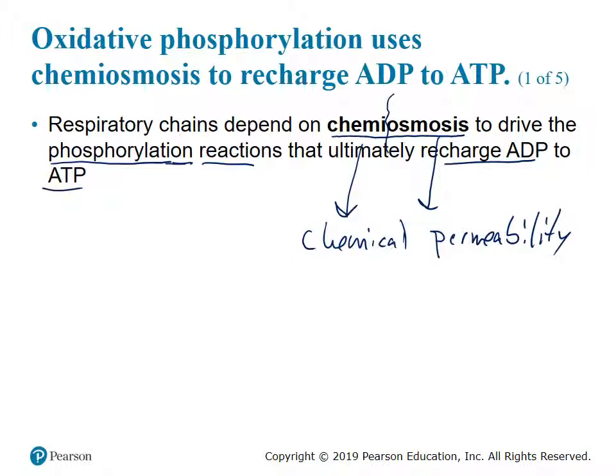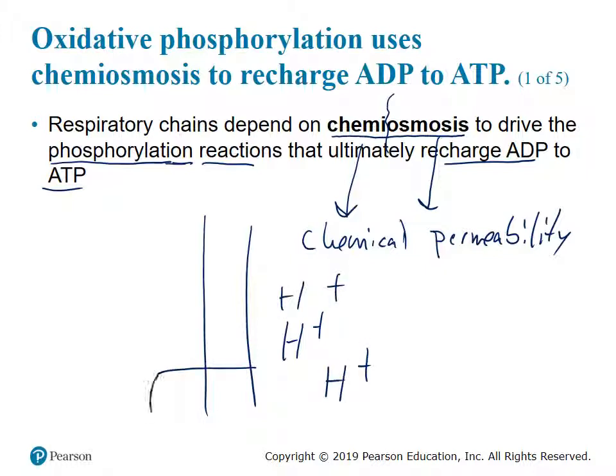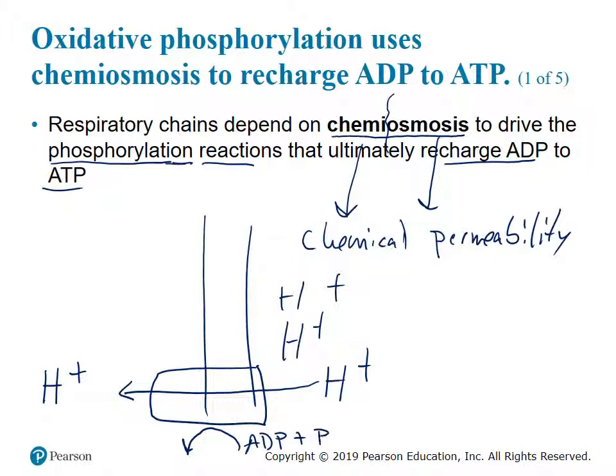If this was the plasma membrane with a bunch of hydrogen atoms here and a proton pump, every time one hydrogen atom goes past the plasma membrane, we take ADP and a phosphate group and make ATP. That's the phosphorylation reaction.